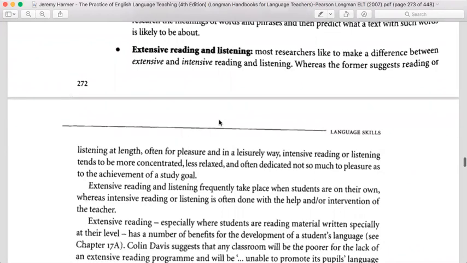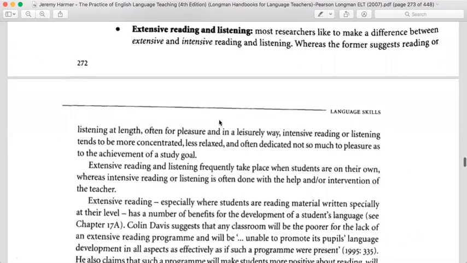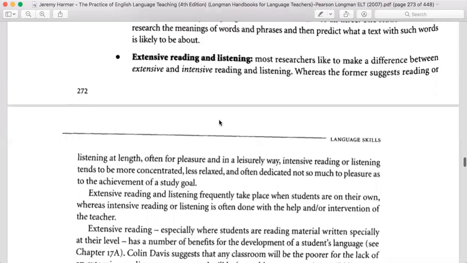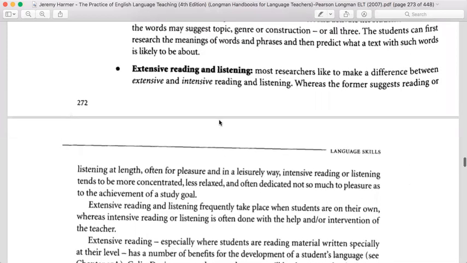Okay. As far as intensive reading or listening is concerned, that happens in the classrooms, right? And the teacher makes arrangement. If it's intensive listening in the classroom, the teacher would make arrangement of some recorders through which the students are able to listen to the recordings.